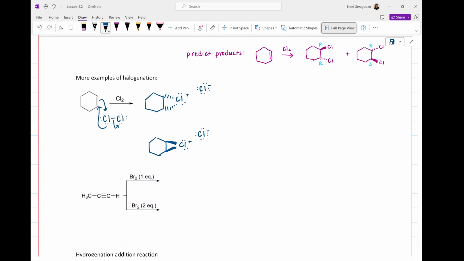Okay, so second step, that Cl- forms a bond to one of the carbons in that three-membered ring. And then that carbon to chlorine bond at the same carbon breaks, and those electrons will go back to that other chlorine. So I drew the same arrows. I'll draw the product for the top reaction first.